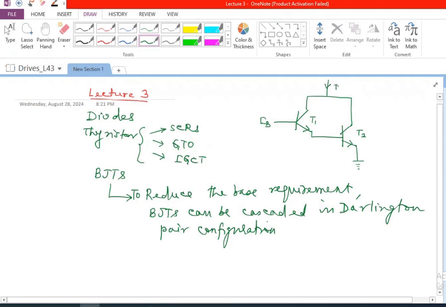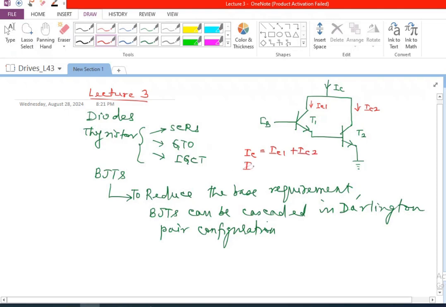So this is IC. If I may call this IC, very clearly this will be, let us say, IC1 and this is IC2. So we are going to have IC equal to IC1 plus IC2.